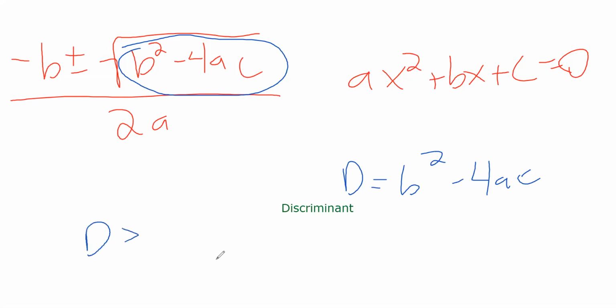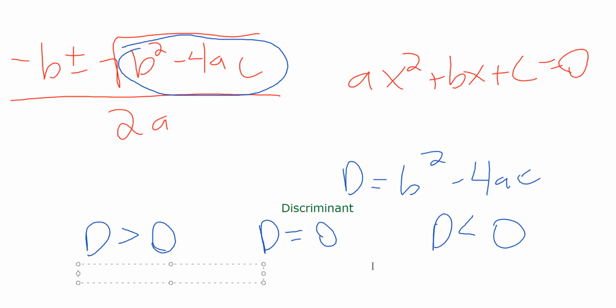Either the discriminant you calculate is positive, the discriminant is exactly 0, or the discriminant is a negative number. Positive discriminant, what that means is you're going to have two real number solutions that are unique. They're not going to be the same number, repeated. So positive discriminant, boom, you got two real number solutions there.